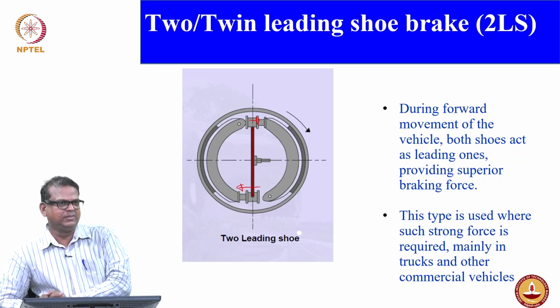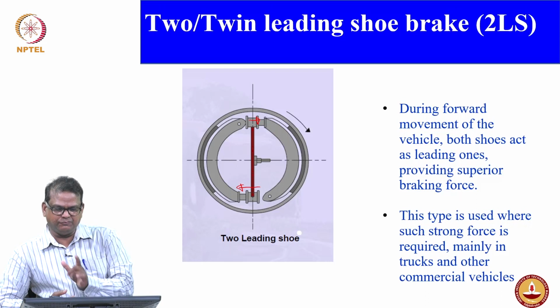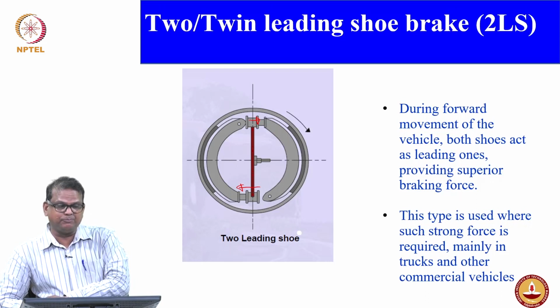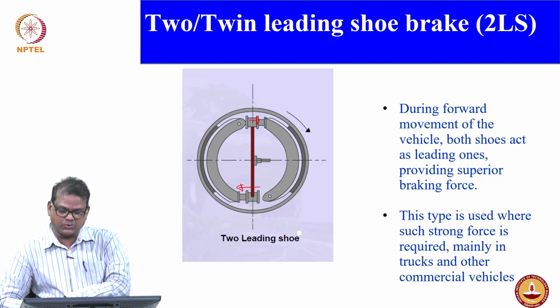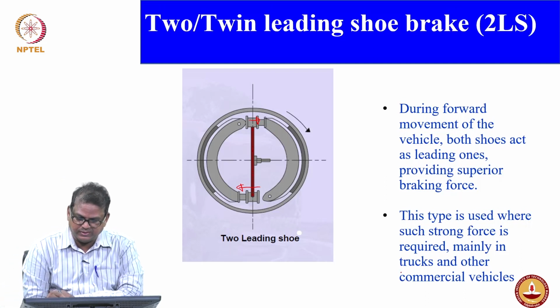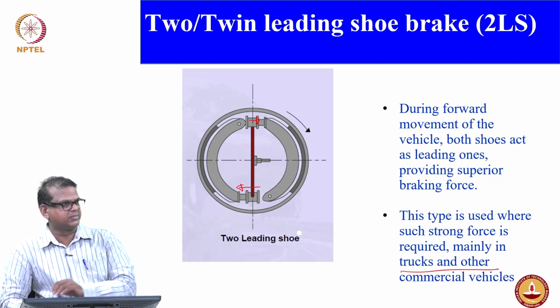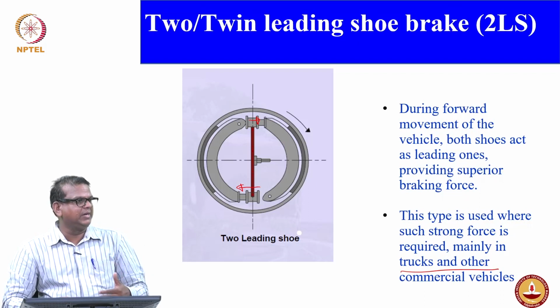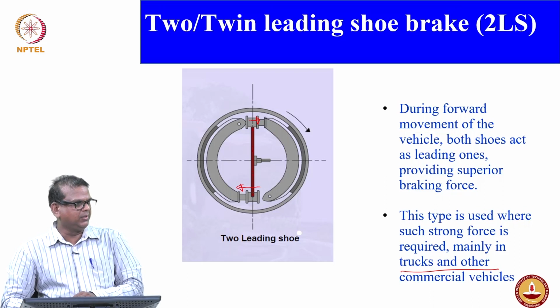You would expect two leading shoes. During forward movement, both shoes act as leading shoes, providing a superior braking force. This type is used where such a strong force is required, mainly in trucks and other commercial vehicles.